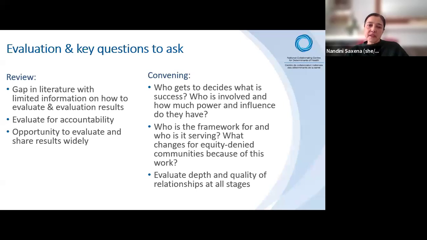And there was also limited information about how to evaluate, so the methods and the measurement mechanisms to evaluate. But one of the themes that did come up was that a reason to evaluate is for accountability purposes. Just as I was mentioning in the previous slide, that you need to be accountable for this work. And evaluation is one way of demonstrating accountability.